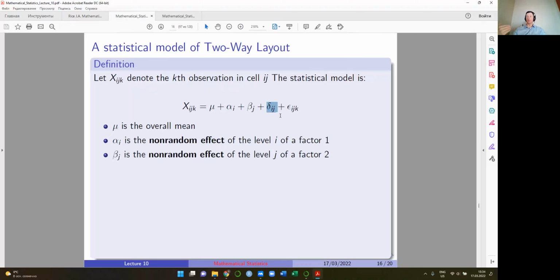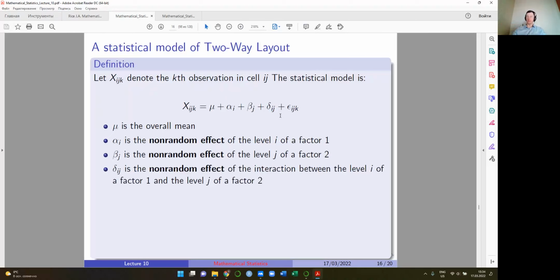Therefore, we need to capture this effect as well, that a given team works better on a given oil well. And this is called an interaction term, an interaction term between level i of factor 1 and level j of factor 2.